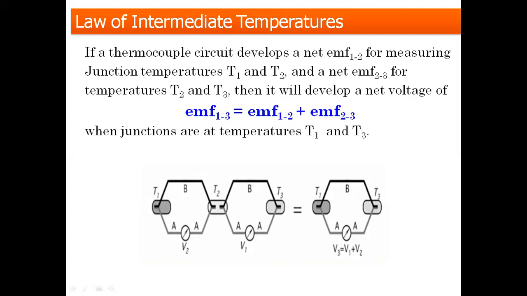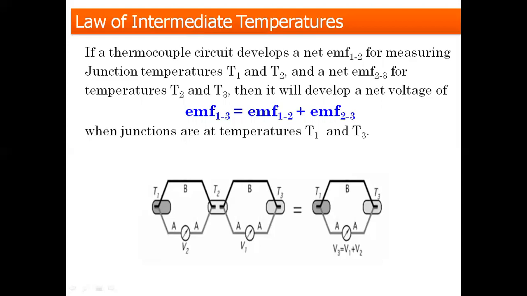So that's a simple thing. You have one thermocouple in which the junction temperatures are T1 and T2, and you have some voltage, suppose V2, generated. Okay, and then you have another thermocouple which has temperatures T2 and T3, and you have some voltage V1 developed.